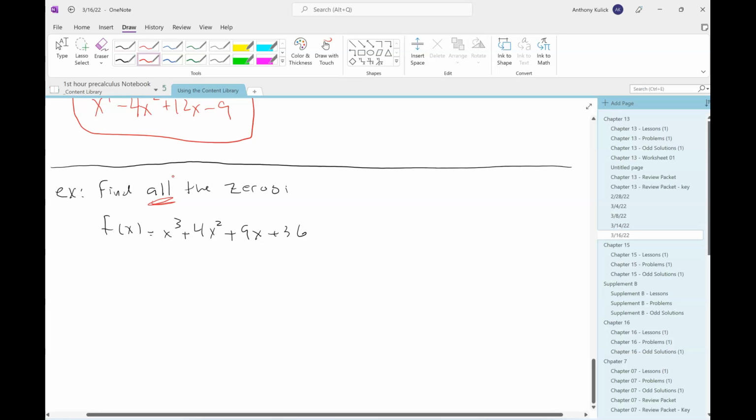We want to list, find, identify those. And if there's imaginary pieces, we want to make sure we find those as well. So we can't just look at the graph and use the x-intercepts, because the x-intercepts aren't going to tell us the multiplicities for sure, and it's not going to tell us the imaginaries ever. So we have to be able to do the synthetic division or use some other algebraic method to do this.